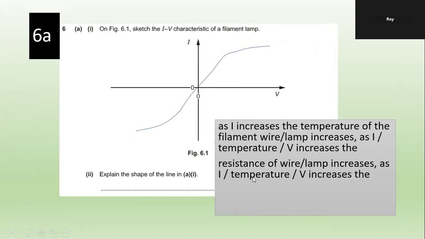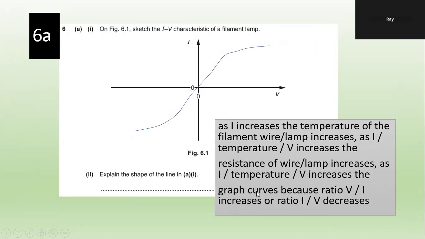You can use either I or temperature or V increases. The graph curves because the ratio of V over I increases, or the ratio of I over V decreases.